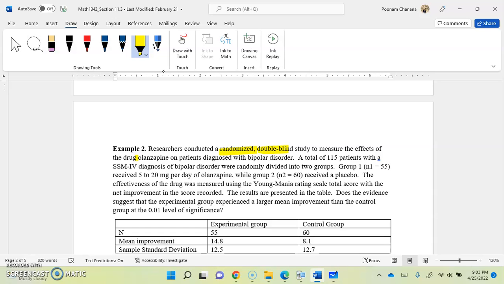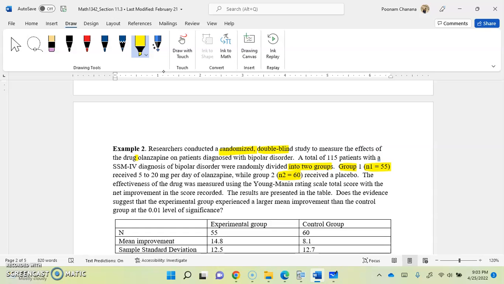A total of 115 patients with a DSM-IV diagnosis of bipolar disorder were randomly divided into two groups. Group 1, N1 is 55, received 5 to 20 milligrams per day of this medicine, while group 2, where N2 is 60, received a placebo.